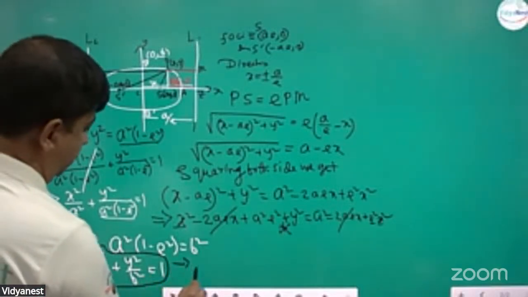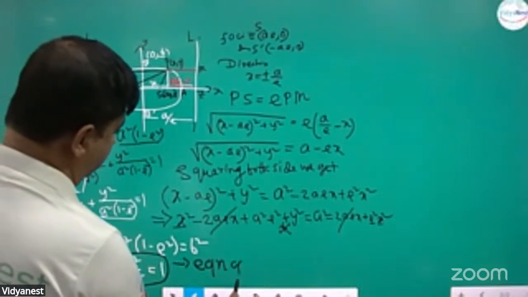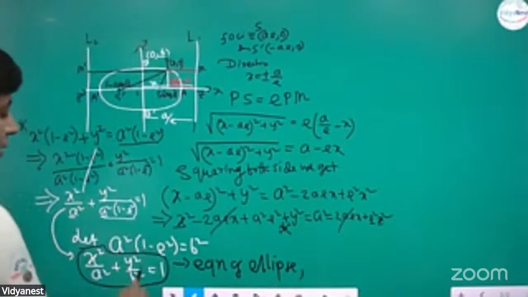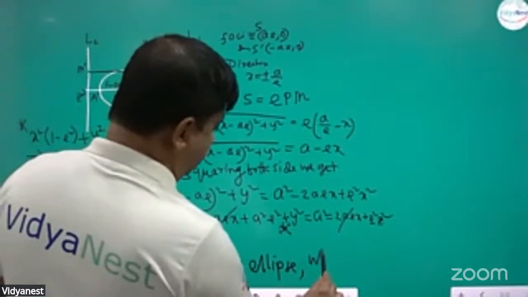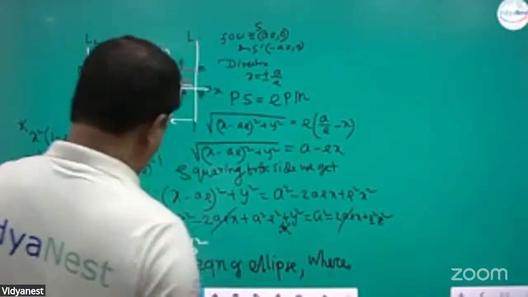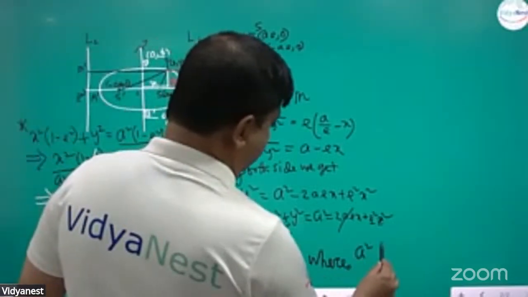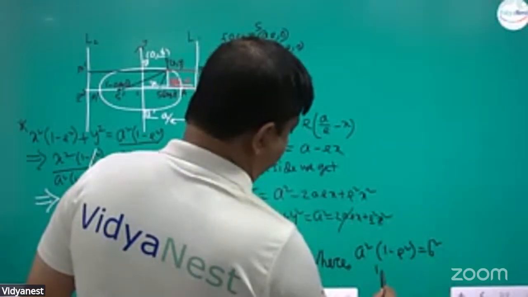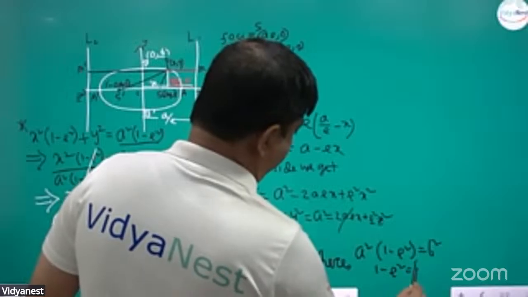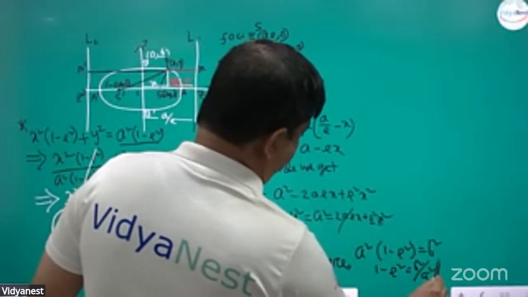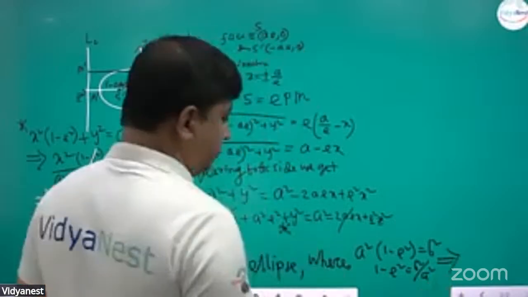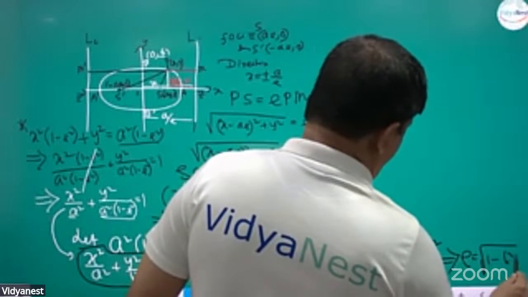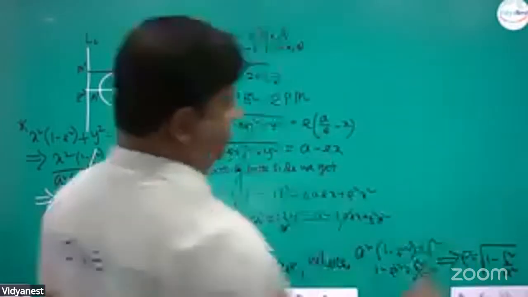This is the equation of the ellipse, where a square is greater than b square. See, it is clearly visible that e is lesser than 1.